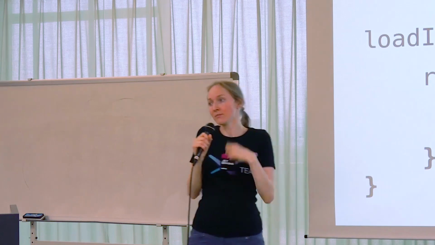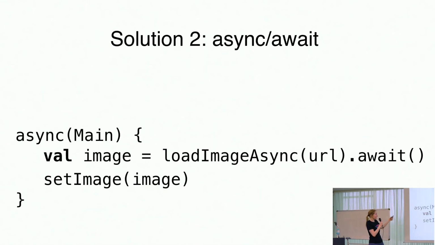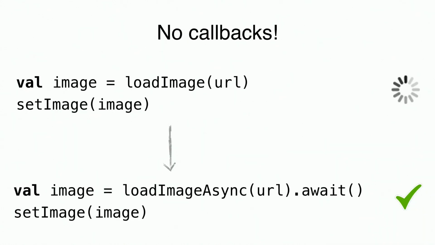However, we can do better, and we can solve the same problem of not blocking the user by writing code very similar to the wrong one. Somehow it works correctly and doesn't block the user.